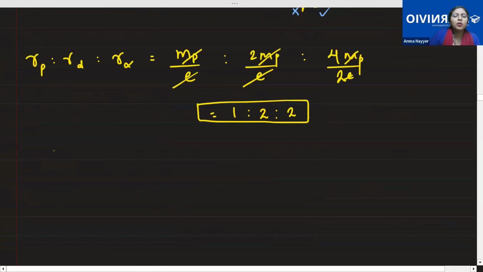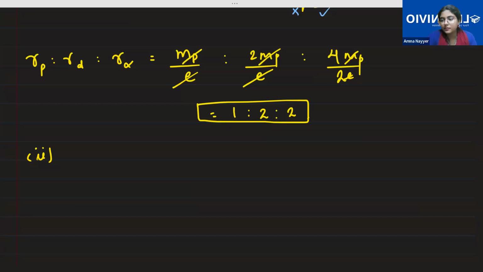Now class, what's the formula for momentum? Do you remember? Mass into velocity. Very good. So this part says the momentum is the same.